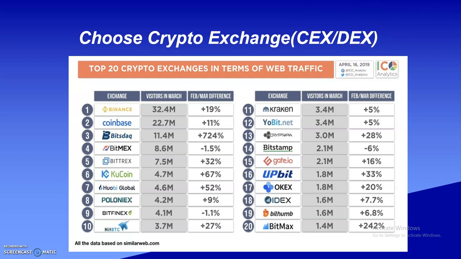So for the most part, if you're going to be using small amounts to start investing, the centralized exchanges would be the place to go, as the fee structure is the cheapest via the centralized exchanges. And the decentralized exchanges, like the Uniswaps, the 1inch, the DeFi space, the fees can be quite high.